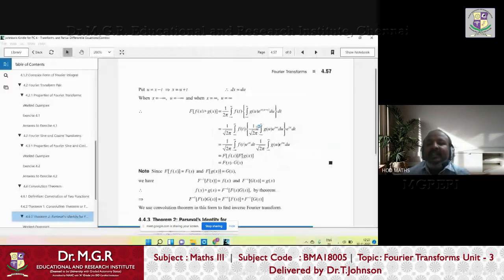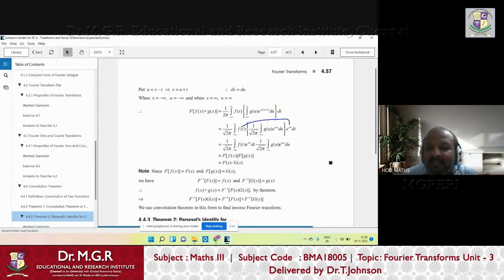Similarly, for the other integral, minus infinity to plus infinity, f of t into e power ist dt. Combine this with this, that is written here. Again we see that, by definition, this is the Fourier transform of the function f, right? And this integral is the Fourier transform of function g. Now, in this integral, everything is a function of u only, so the integral itself can be taken outside and e power ist taken this side.